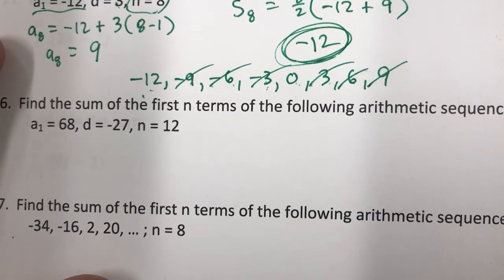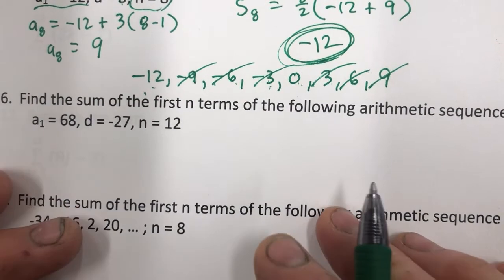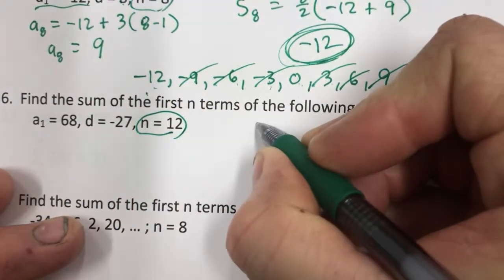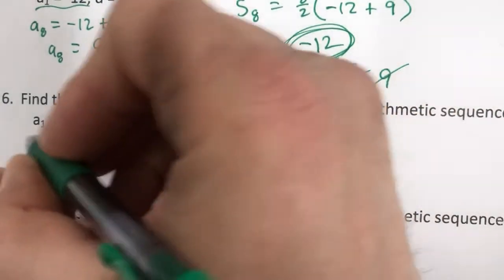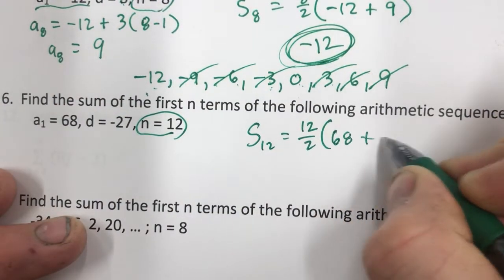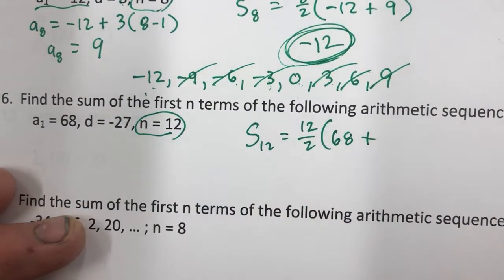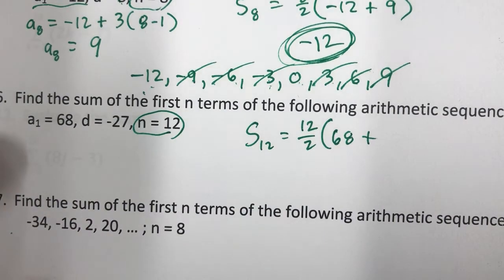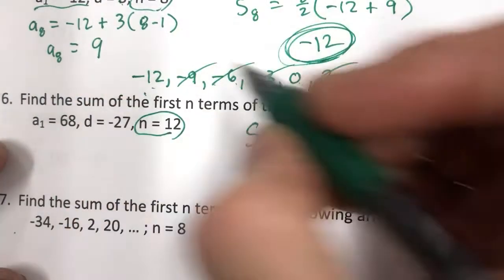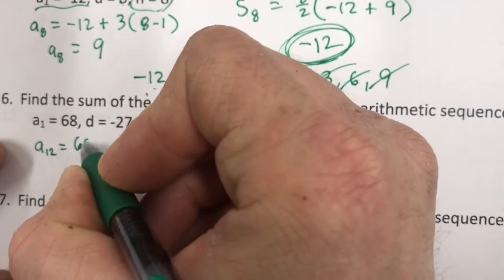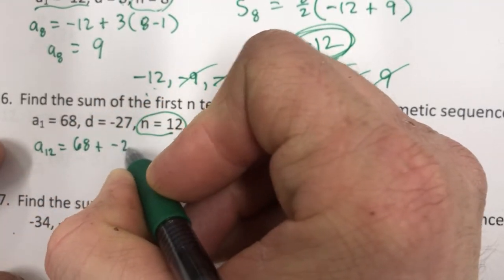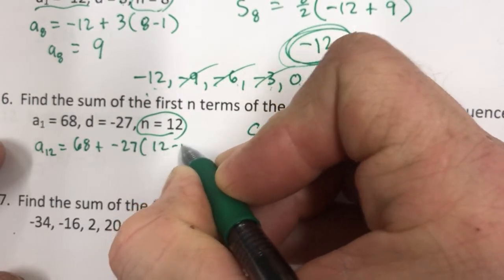Okay. Number 6. Find the sum of the first n terms of this sequence. Well, n is 12. So we want the sum of these 12 numbers. It's going to be 12 divided by 2 times the first one, which is 68, plus the last one, which we don't know. It's just like the last problem we just did. So the 12th term is going to be the first term plus my difference times 12 minus 1.